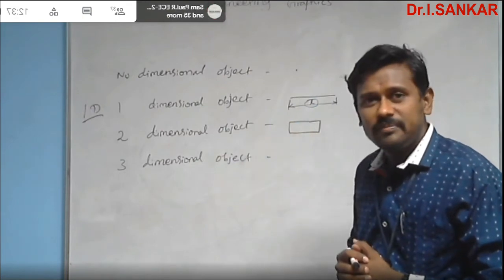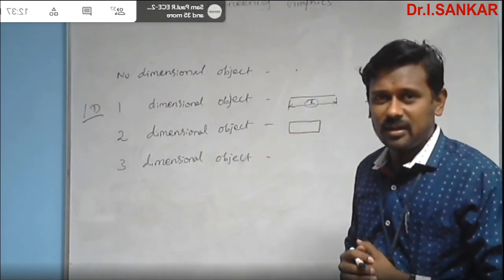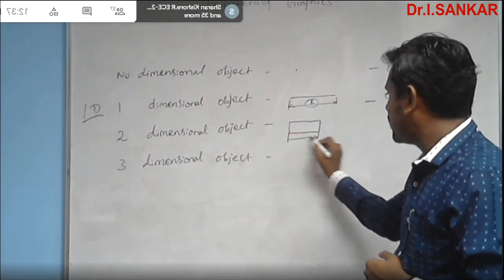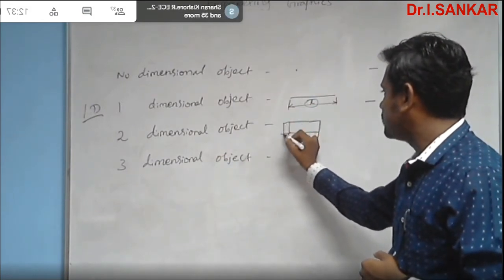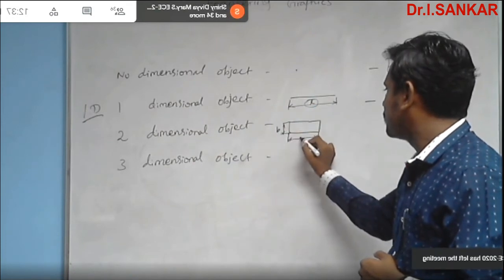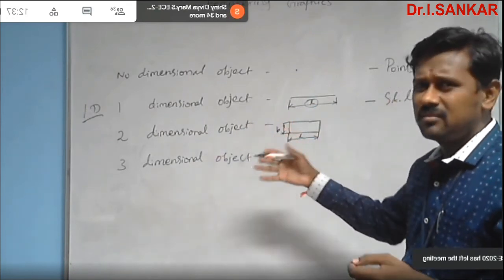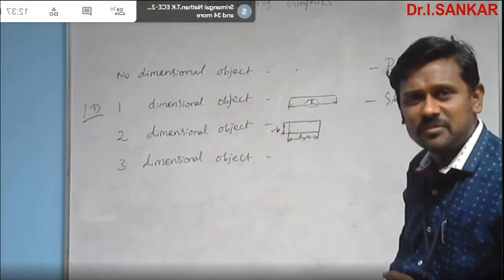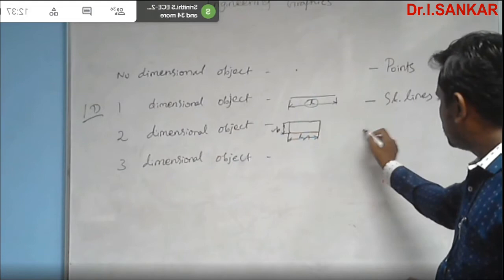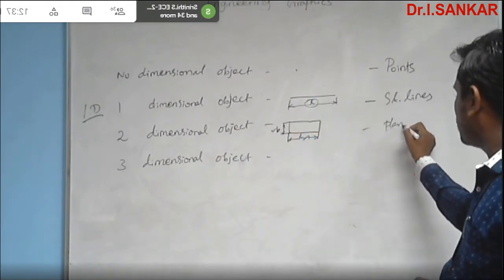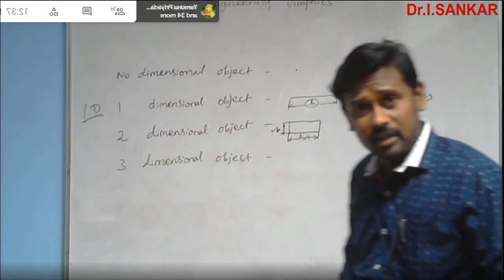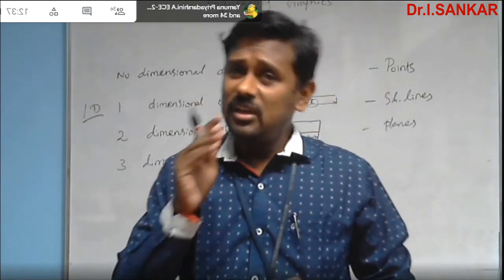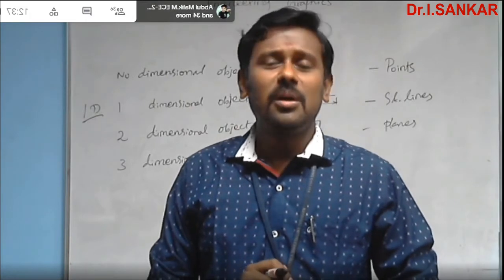See, what is it actually? A rectangle. For this rectangle, you can measure the length and breadth, or length or width, whatever it may be. You can measure two dimensions for this object. So planes are two-dimensional. Not only the rectangular plane, the square plane, pentagonal plane, hexagonal plane, even a circle is also a plane object.